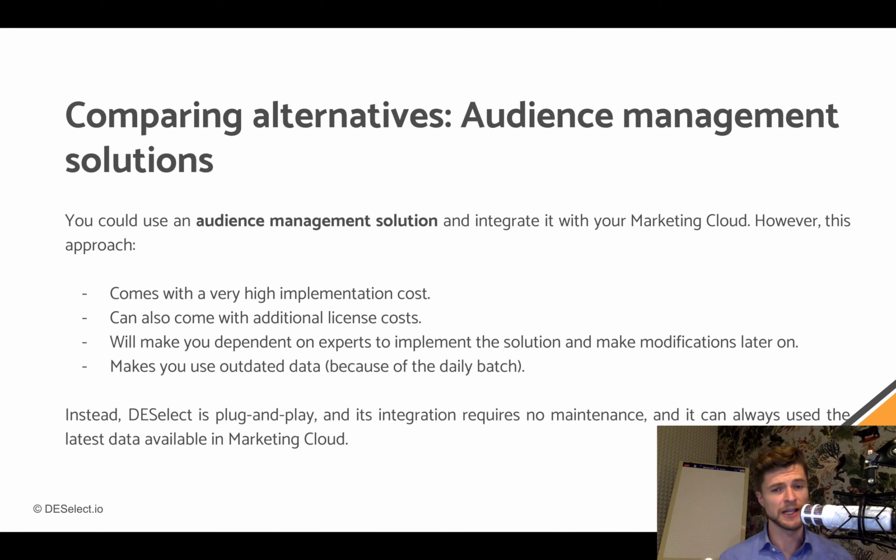So instead, DESelect is plug and play. As mentioned, there's no big implementation. There's no maintenance afterwards for making new data available in DESelect, because it does that automatically. And also, there's not this daily batch thing that I just explained. DESelect can use all the data that is in Marketing Cloud right now.